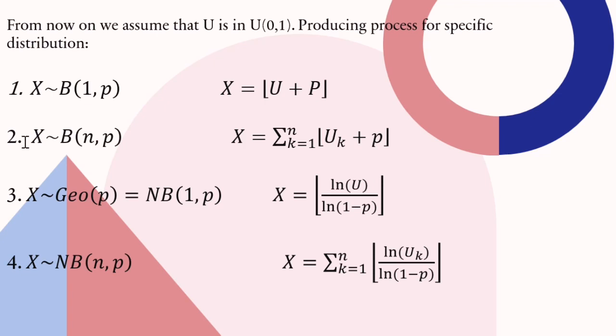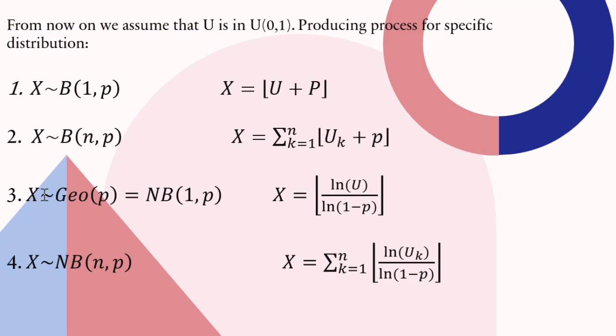And if we want x with binomial distribution but with mean n, we need to produce n independent identically distributed variables like uk in interval 0 to 1, and we can put x equal to this equation, and so we can produce x with this wished distribution.